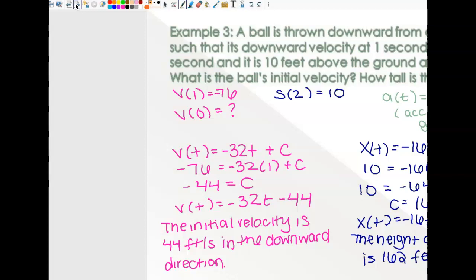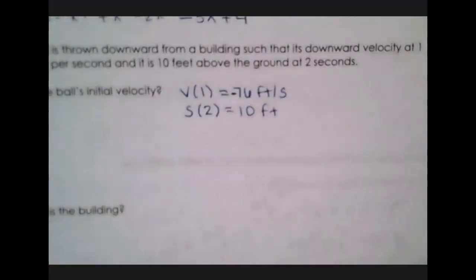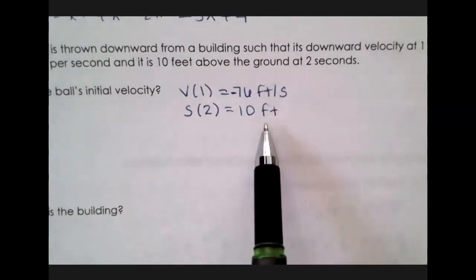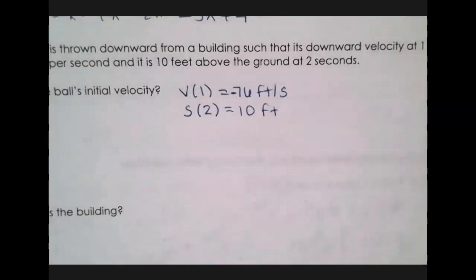And we're given it is 10 feet above the ground. So that's my position. So that's s of 2 equals 10 feet. Now, not given, but something that textbooks kind of consider to be understood is that in terms of feet per second, acceleration is a constant due to gravity.